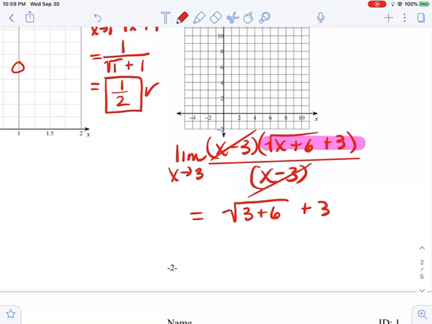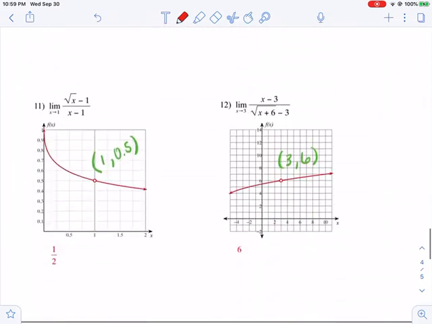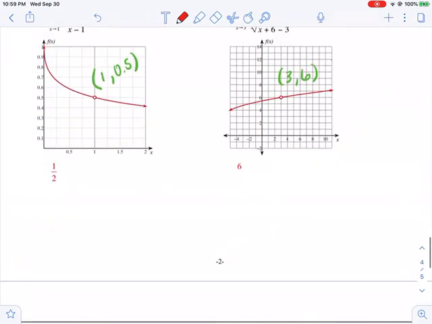So 9, square root of 9, 3 plus 3, and our answer should be 6. So that means that we have a hole in the graph at 3, 6, right there. As x approaches 3, let's see what the graph looks like. And you see the point is 3, 6. There's the one that we had before.